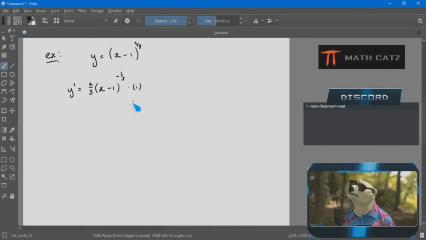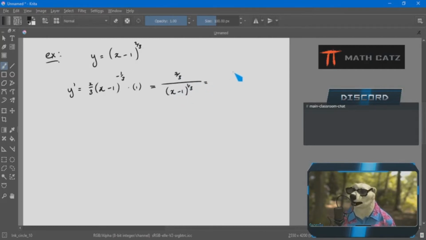Now, for the purposes of moving forward into my table and seeing what is happening with this derivative, I do want to clean this up as much as I can. For me, personal preference is to get rid of the negative exponent. So I will move it to the bottom.